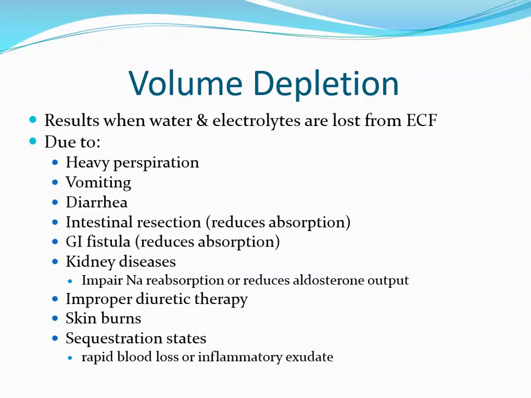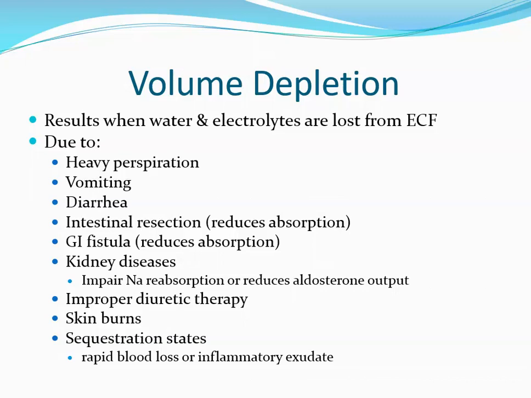Looking at volume depletion, this results when water and electrolytes are lost from the ECF. Many of these scenarios are what we just looked at in the last chart. Heavy perspiration, vomiting, diarrhea, intestinal resection, and GI fistulas. Both of these end up reducing the surface area for absorption.